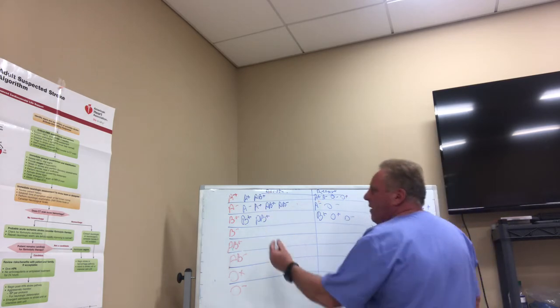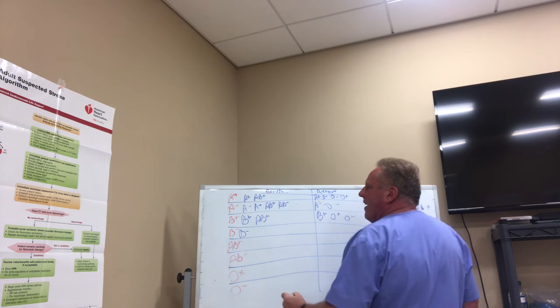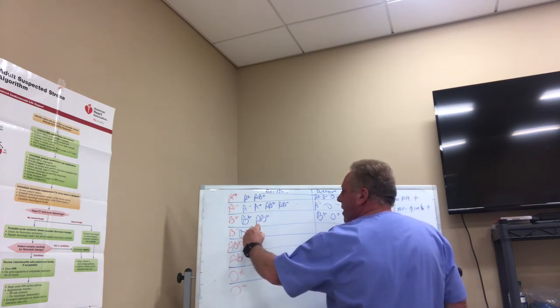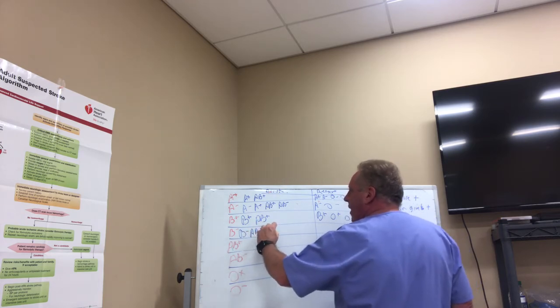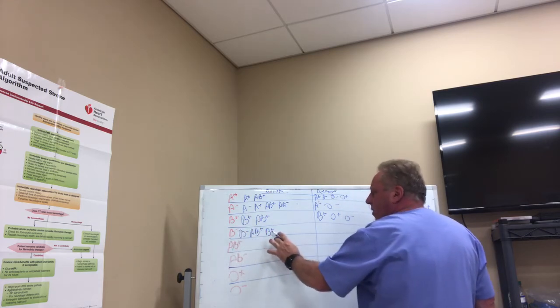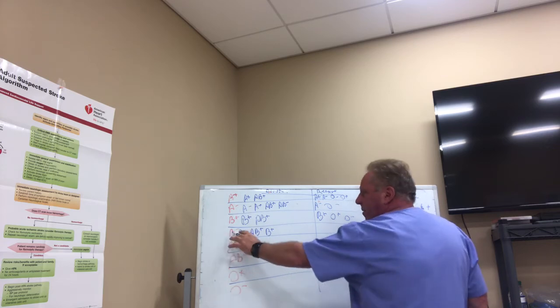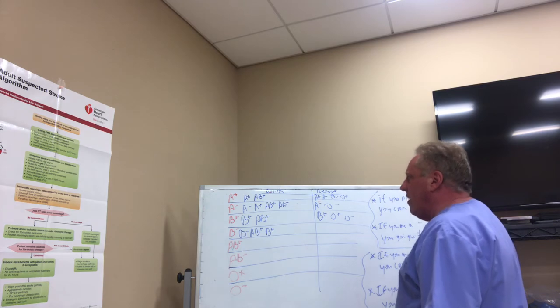Okay, so donate. B negatives. Well, I can always give to B negatives. Who else can I give B negatives to? Well, the universal recipient, AB positives. Can I give to B positives? Of course I can give it to them. I can give a B negative to a B positive. I can give that to them because it's a negative. Is that understood?